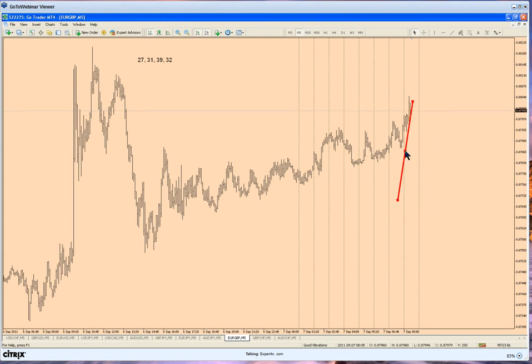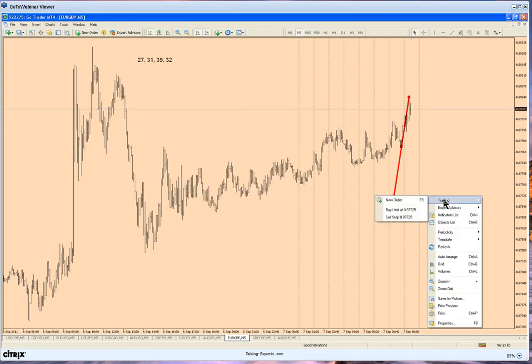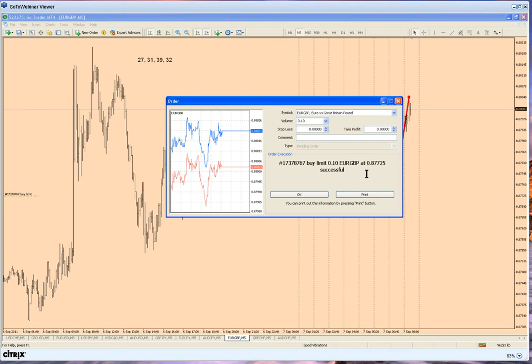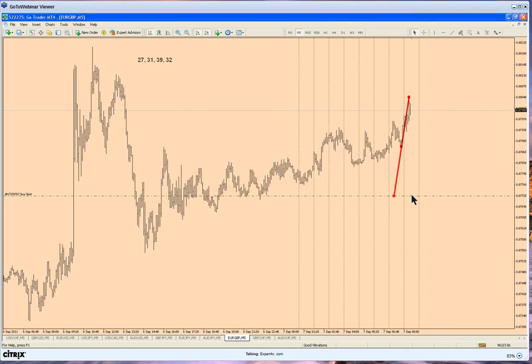So we've got 31 as the bouncing point here, and as new highs get made, whoops, we will change these entries. So that becomes a buy limit. Okay, and let's just get the stop in.